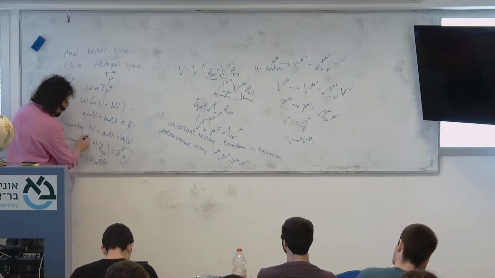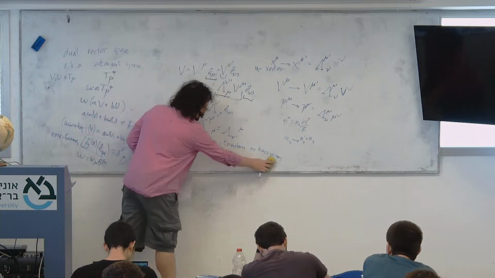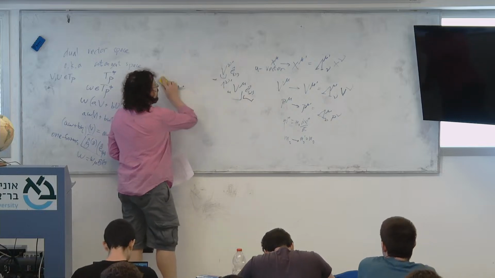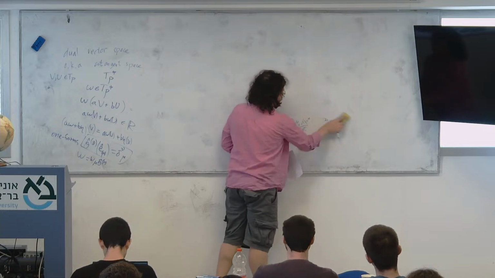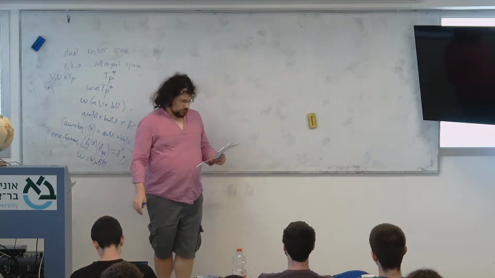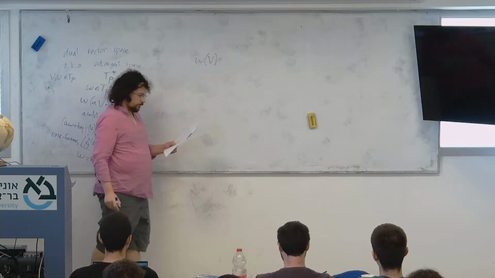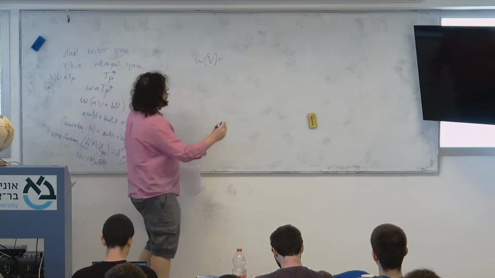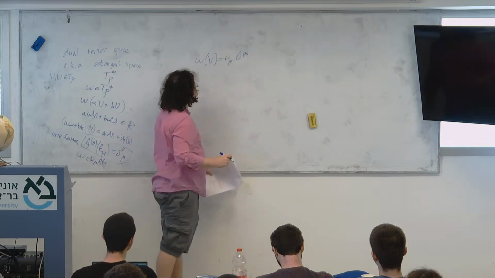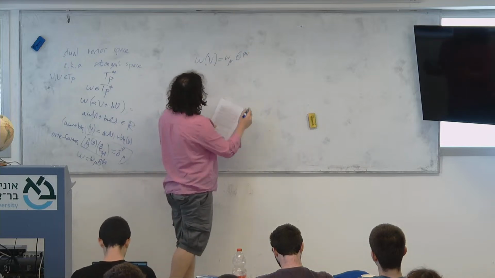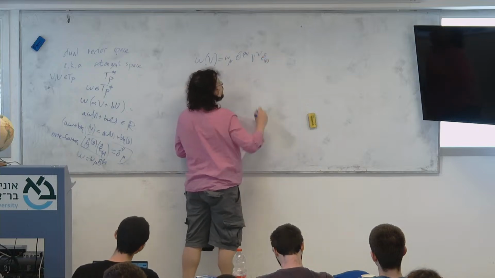This is useful because now we have a very simple way of writing how a covector acts on a contravariant vector. What is this omega of V? Well, everything is linear. So omega is just omega mu theta mu, and V is just V nu E nu.